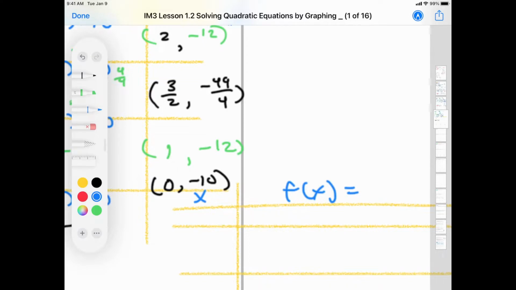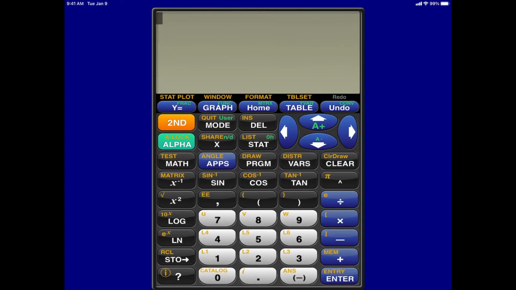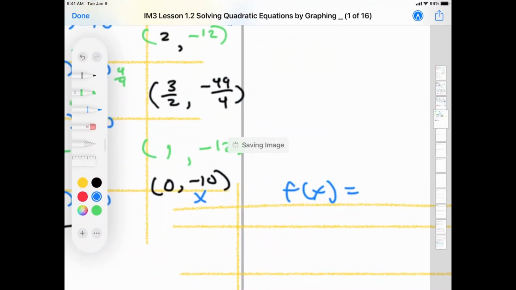You can put that into your calculator, which I will do. Negative 49 divided by 4 is negative 12.25. So it's just right past 12.